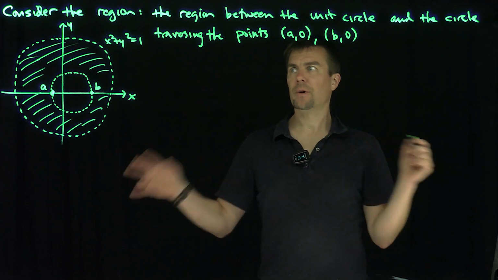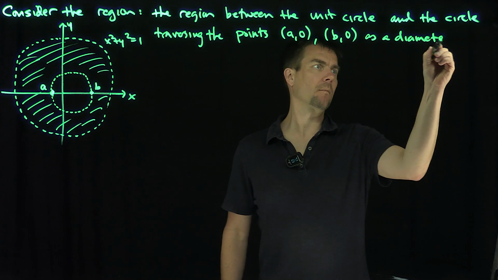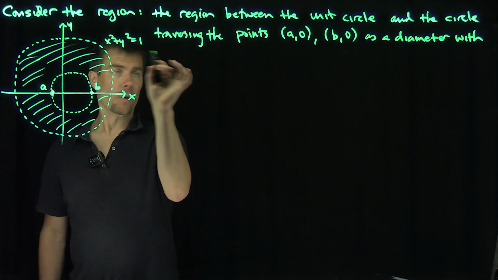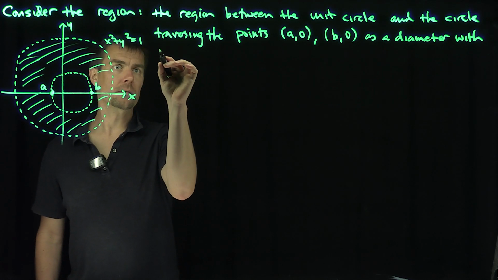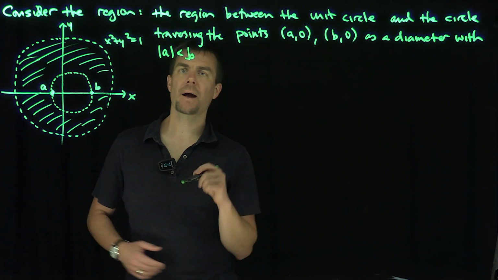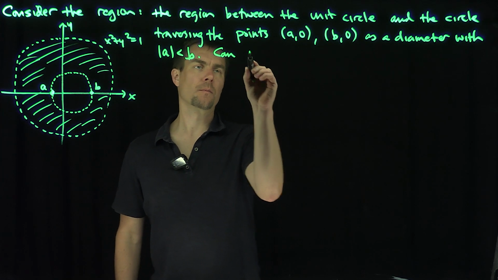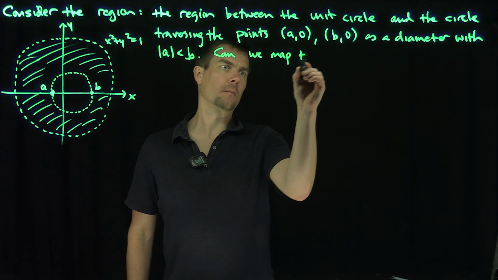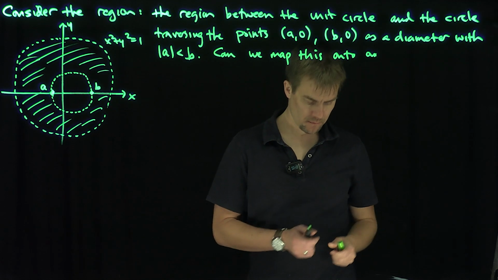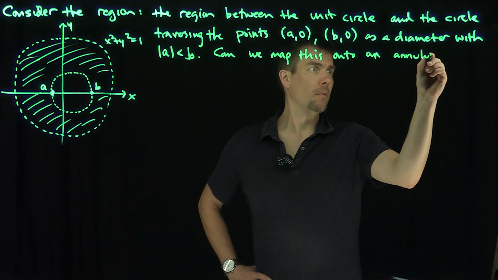That's of course the diameter. With modulus of A, of course A is negative in this case, modulus of A less than B. Okay, excellent. Now, can we map this onto an annulus centered at the origin?